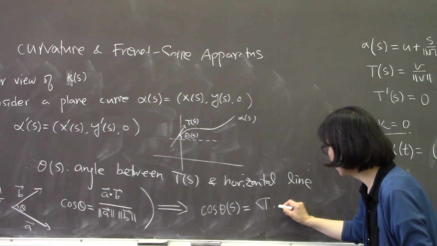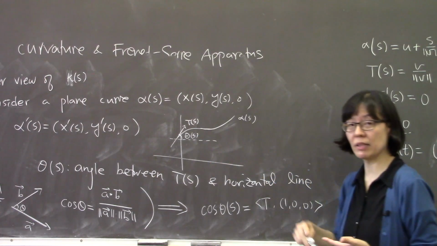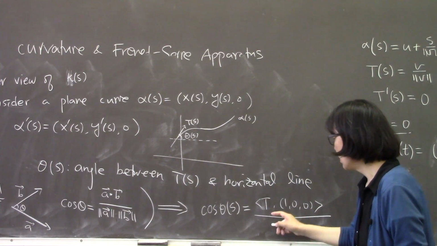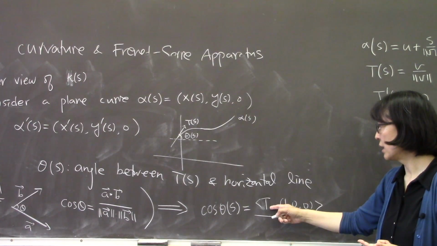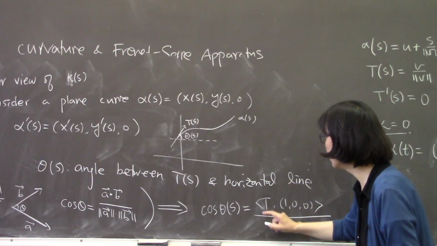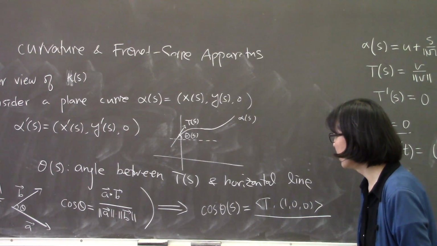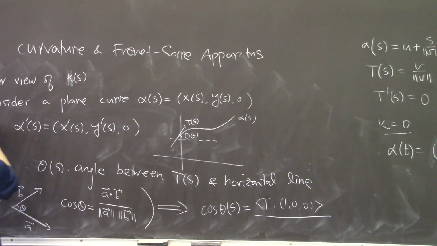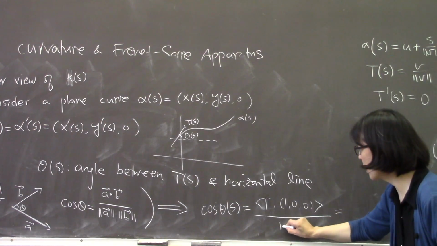Divided by the magnitude of T and the magnitude of i, which is 1 already, so it's 1 times 1.